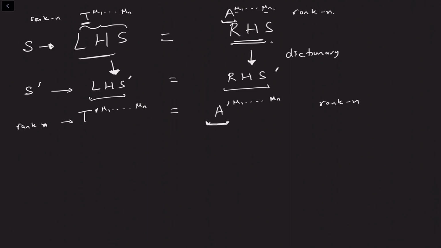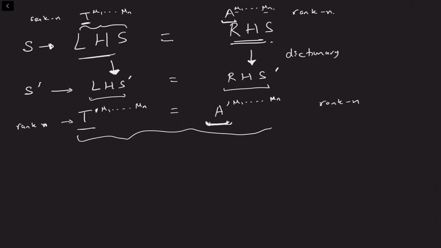If this is true, we say that the laws in frame S prime take exactly the same form as the laws in frame S. It's just the same tensor T equated to the tensor A.